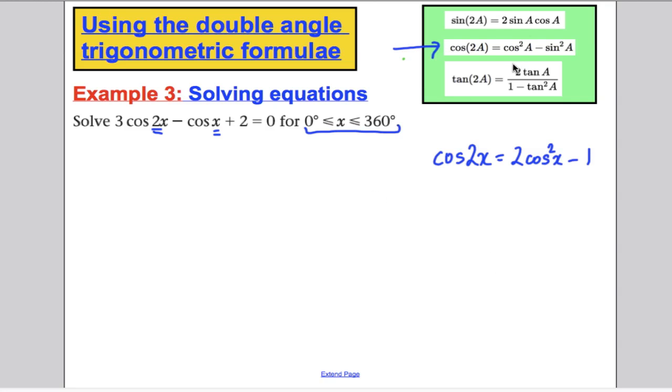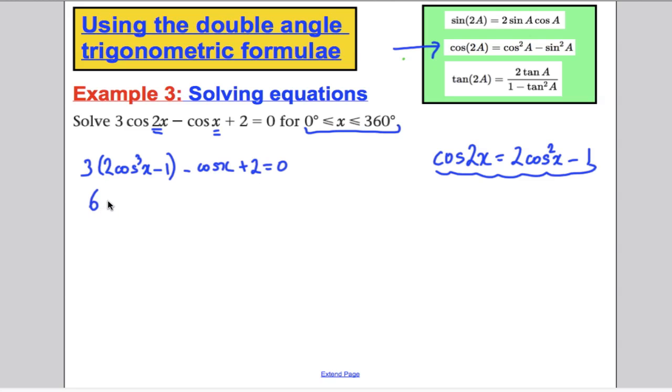Remember the different version of this one by substituting sin squared with 1 minus cos squared. That's going to help us because if we substitute it in, everything will be in terms of cos of a single angle. So we would get 3 lots of 2 cos squared x minus 1, minus cos x plus 2 is equal to 0.